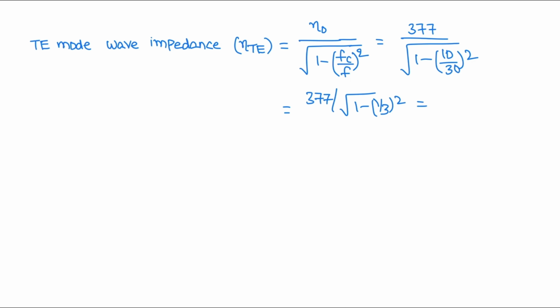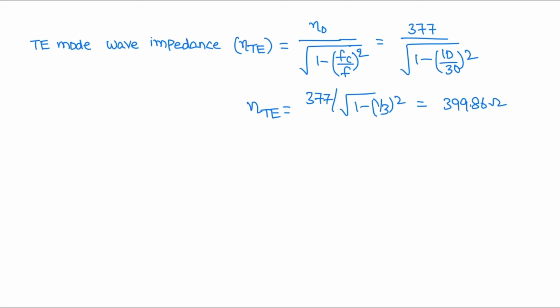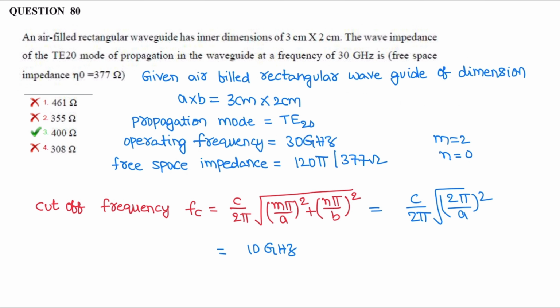Its value is 399.86 ohms intrinsic impedance for a TE mode. 399.86 is approximately equal to 400 ohms. Correct answer is option 3.